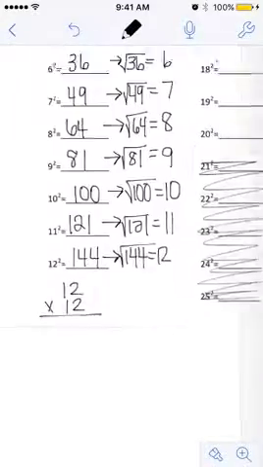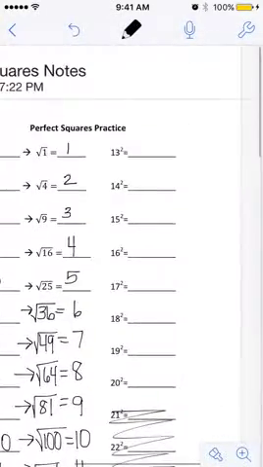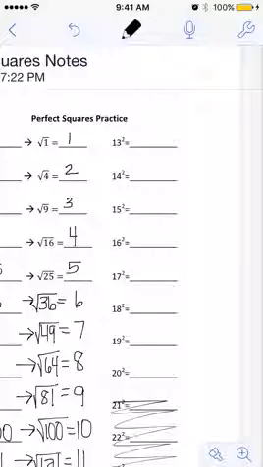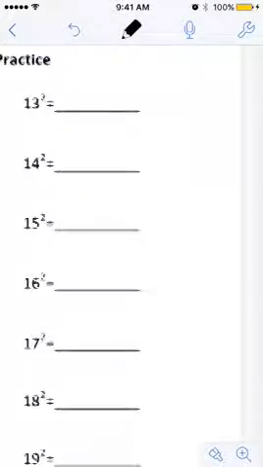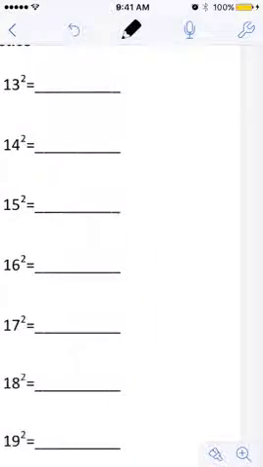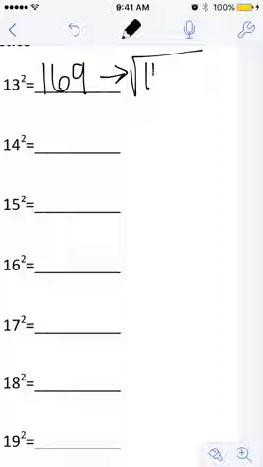So when we get to these bigger numbers on the other side, if for some reason you cannot remember what 13 times 13 is, you're going to need to do that with multiplication. I know that it's 169, and the square root of 169, of course, is 13.